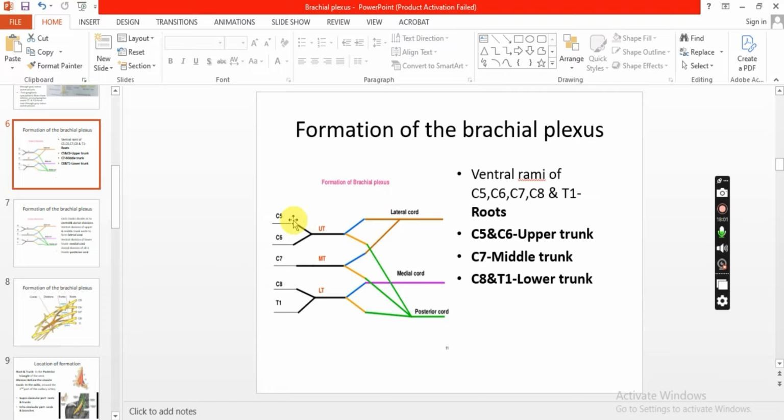Okay, in the same fashion, a few nerves are coming directly from the roots. They are not branches of the brachial plexus, but they come directly from the roots. For example, C5, C6 and C7 give off a few nerve fibers. They unite with each other to form the long thoracic nerve.